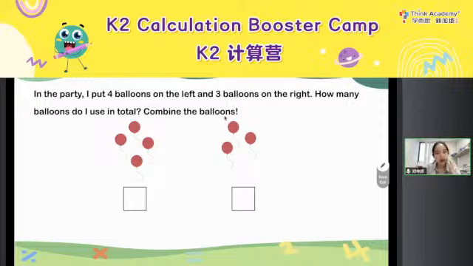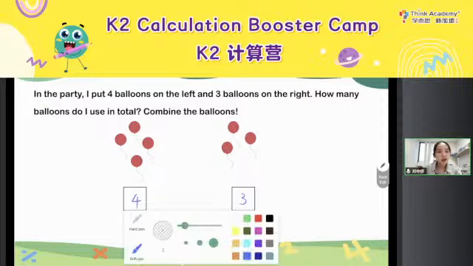Now, combine the balloons. So still, I have two parts for the balloons. One part is for the left, that is how many? 1, 2, 3, 4. 4 balloons. The right part has how many? 1, 2, 3. 3 balloons. How many balloons do I have in total?